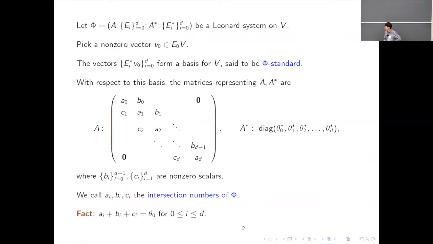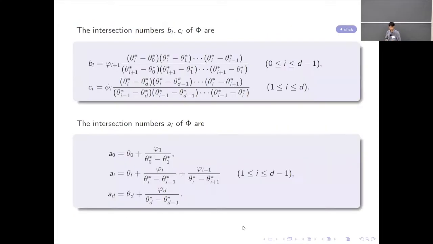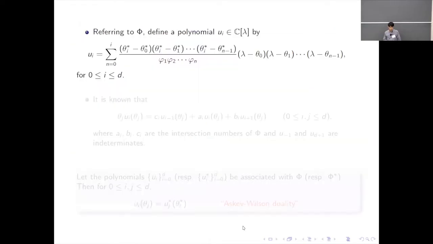And the matrix representing A satisfies the constant row sum property. And when we have this Leonard system, we can express all intersection numbers in terms of the parameter array. So B I, C I, and A I are parameterized by the parameter array, as you see here.